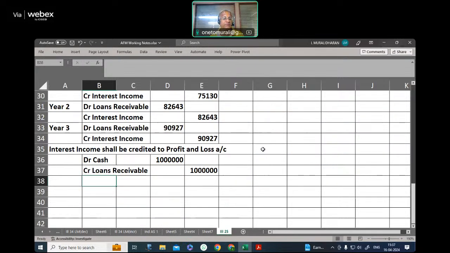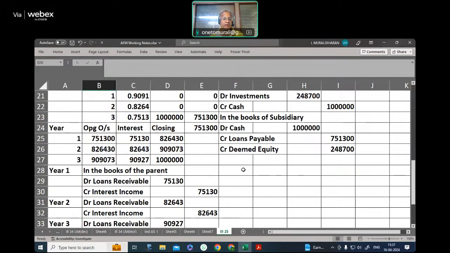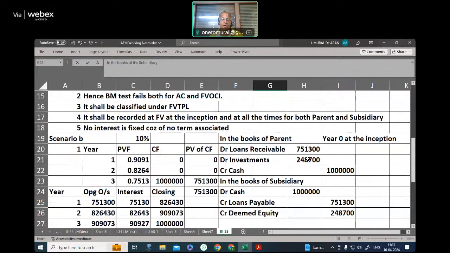That is the way the scheme of journal entries goes in the books of the parent. On the same lines in the books of the subsidiary. The figure of 248,700 in the books of subsidiary will get automatically eliminated in the consolidation.